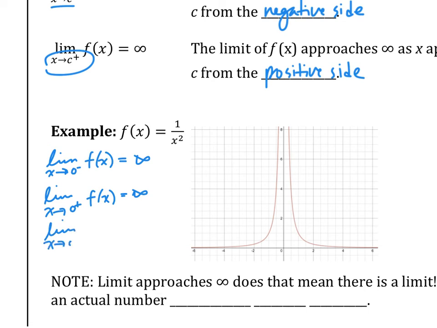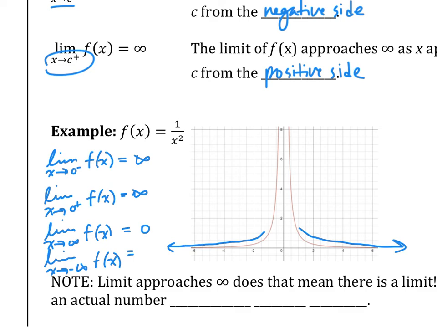When x is going to infinity and x is going to negative infinity, where is y going to on both of them? Okay, so x goes to infinity, we're traveling this way. So y is going to 0. And same thing here, when x is going to negative infinity, y is going to 0.